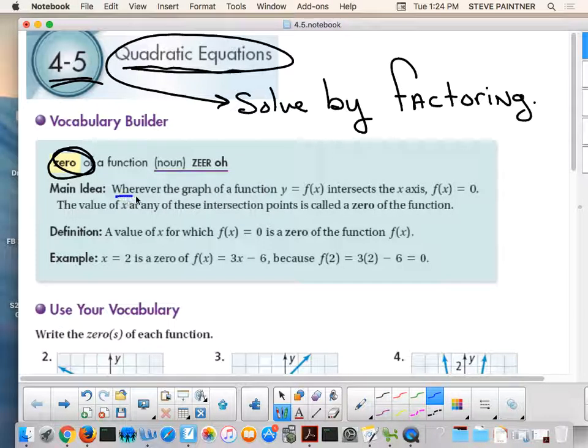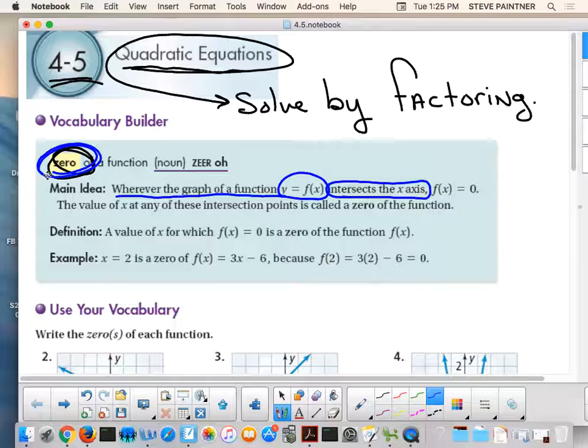Wherever the graph of the function y equals f of x intersects what? The x-axis. So wherever your graph crosses the x-axis turns out to be your zero. And it says right here, f of x equals 0.